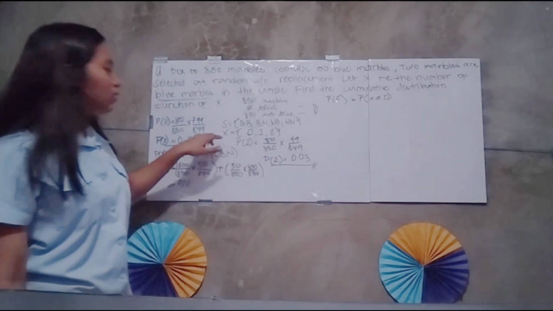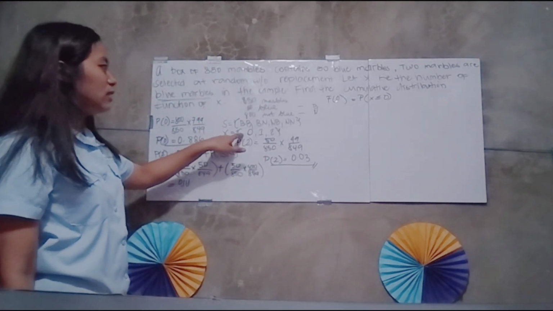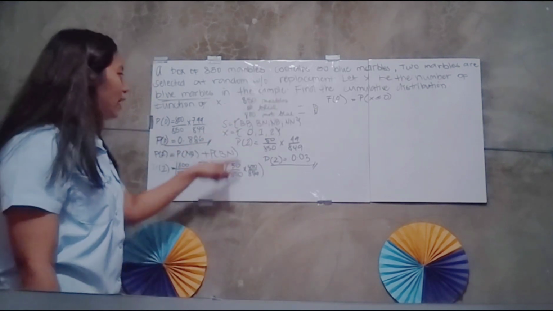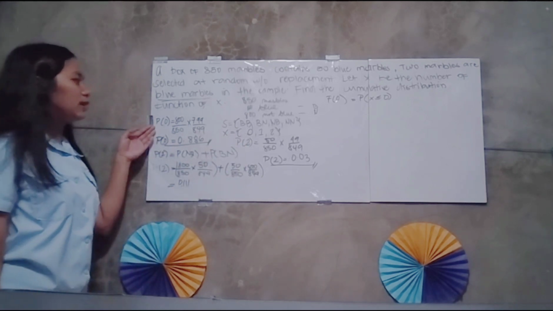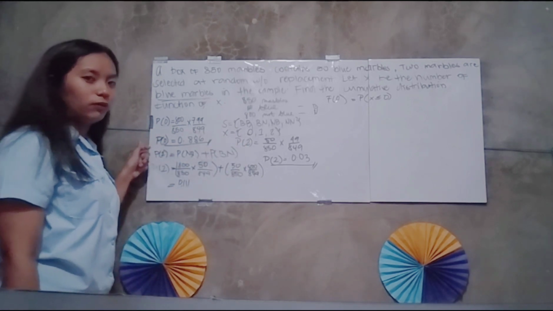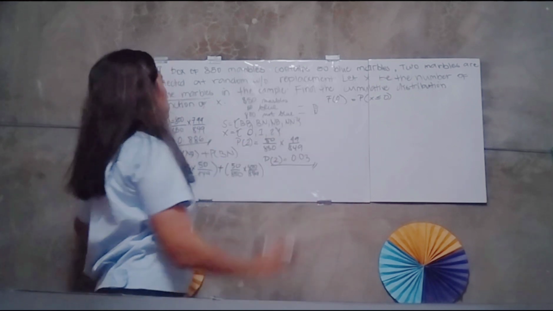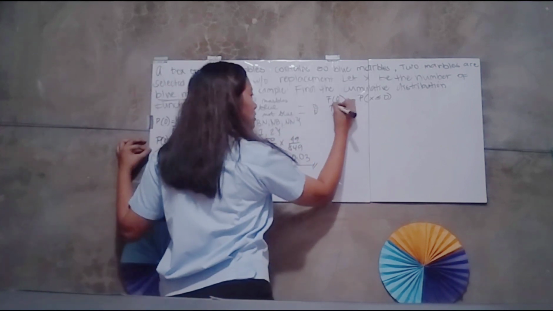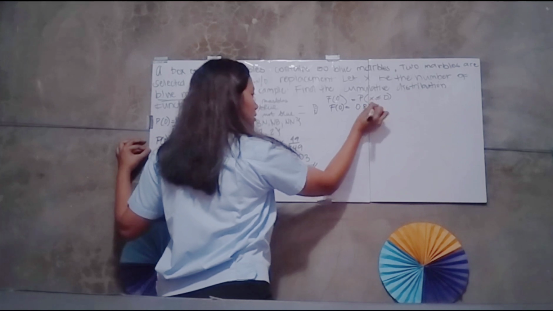And here, sa ating random variable ng x, 0 ay isa lang. So, it's 0. At ang probability dito kanina ay 0.886. So, we don't need to solve the cumulative distribution function of 0. So, F of 0 is equal to 0.886. Gayahin lang natin to.